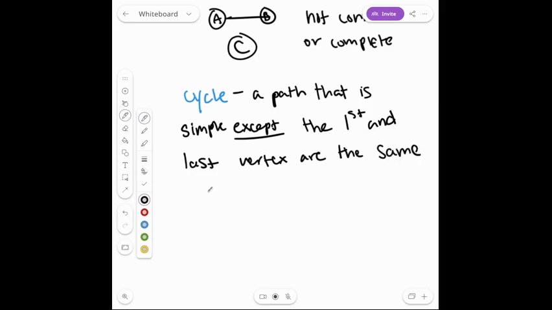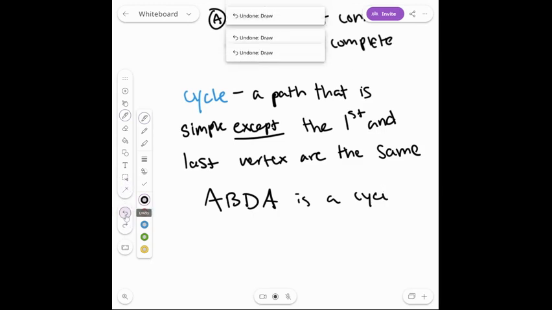For example, ABDA is a cycle in the following graph.